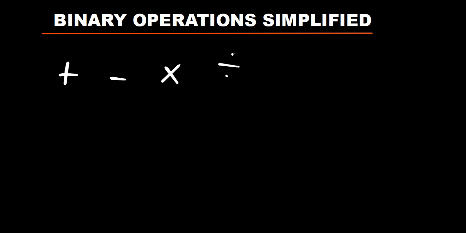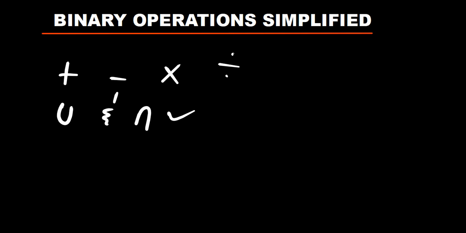generate a third number. Other examples of binary operations are the set union and the set intersection.